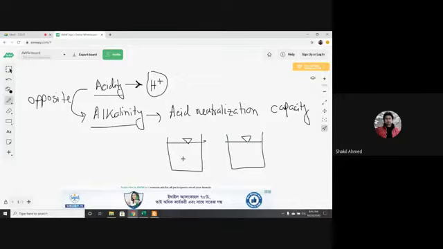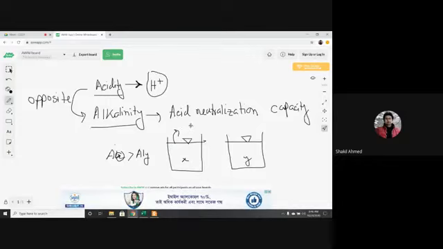For example, this is solution X, solution Y. If the alkalinity of solution X is greater than the alkalinity of solution Y, that means X has greater power to neutralize acid.